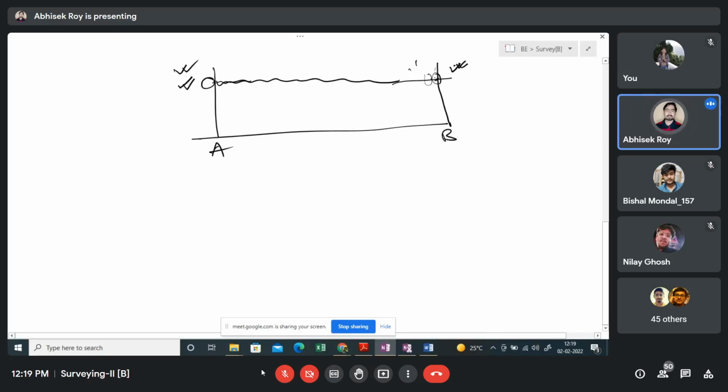Any receiver can be here. So this time difference can be measured by any device, and that can be multiplied by the speed of this electromagnetic wave. So by this method, obviously, you can measure this distance, right?